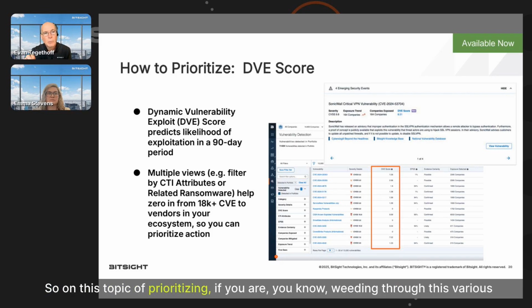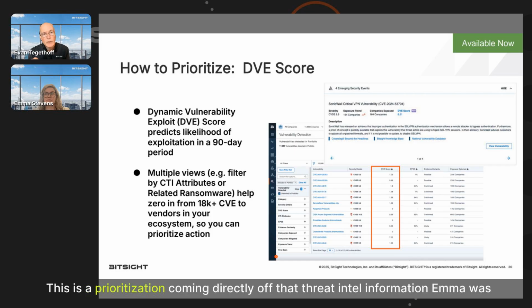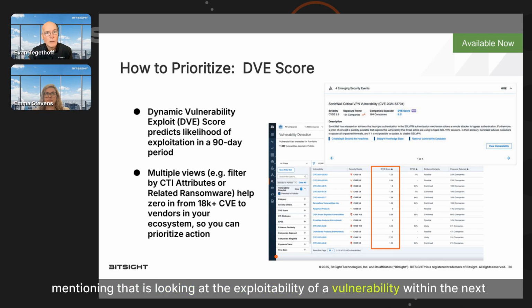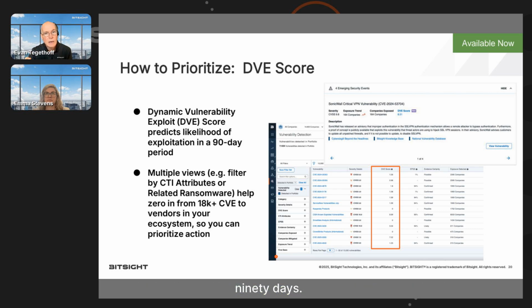So on this topic of prioritizing, if you are weeding through this various different threat intel we're giving you and coming up to a set of vulnerabilities, this should be really helpful. This is a prioritization coming directly off that threat intel information Emma was mentioning, that is looking at the exploitability of a vulnerability within the next 90 days.